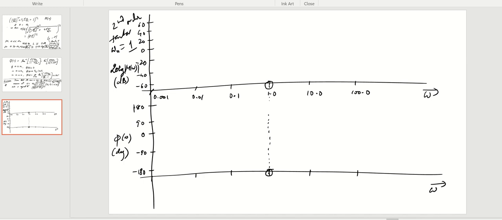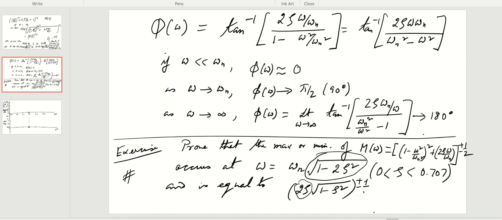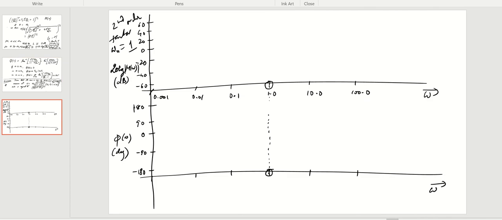So what do we know about these phase plots? We know that at these points, let me use the convention here, it's 90 degrees. The green one here, it's minus 90 degrees.